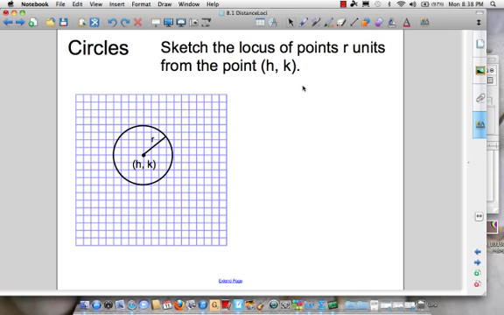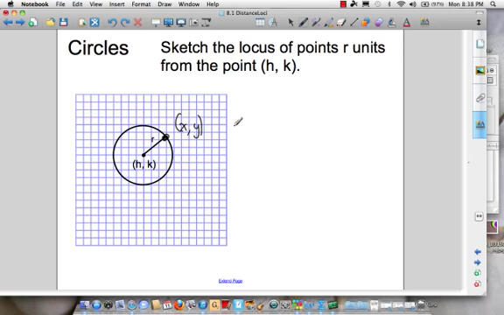And now what I'm going to do is use the distance formula to describe this locus of points. So any point on the circle, I'm going to call it (x, y), and I'm going to write an equation. Well, I know that the distance between (x, y) and (h, k) has to be r.